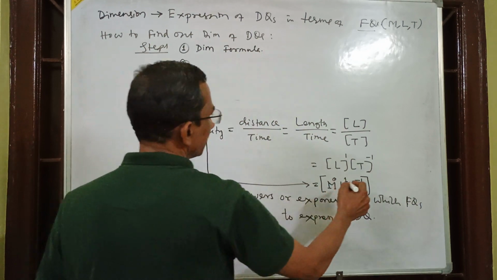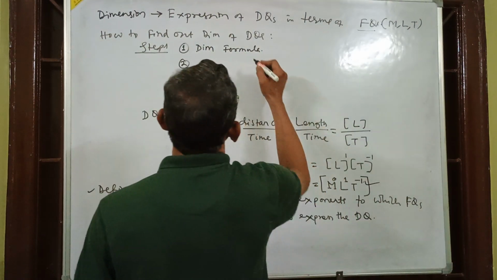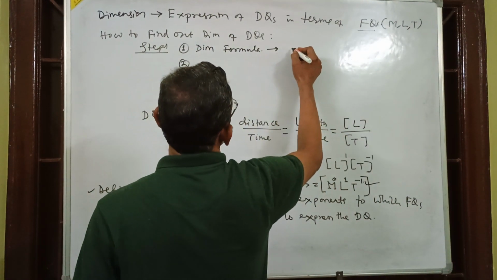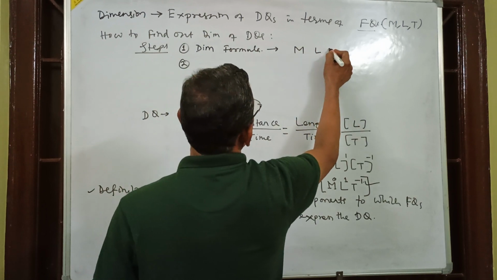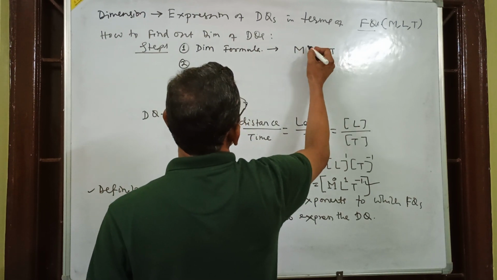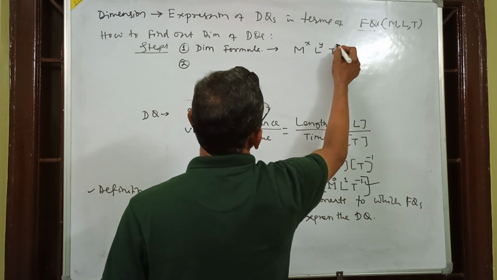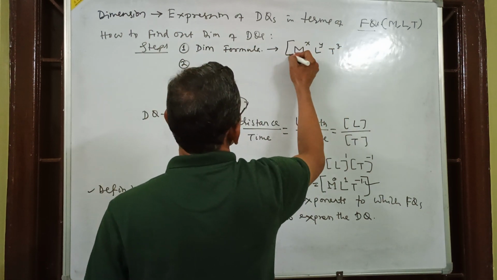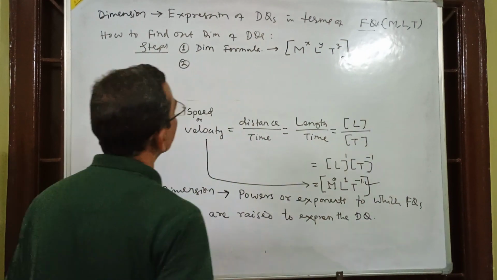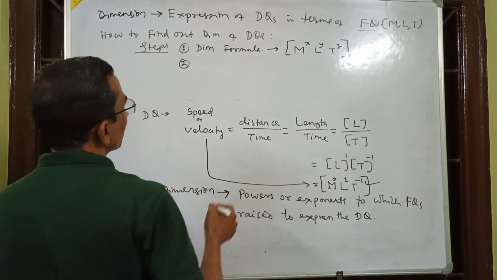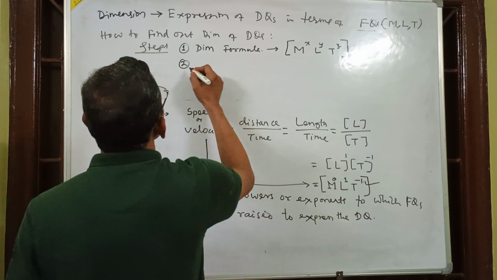This is our dimension formula, expressed in terms of M, L and T, with M raised to power x, L to y, and T to z, inside a square bracket.